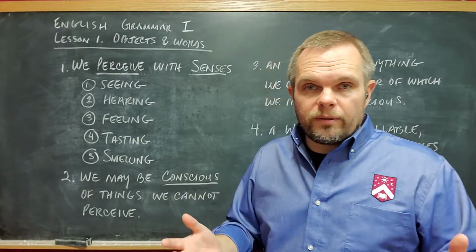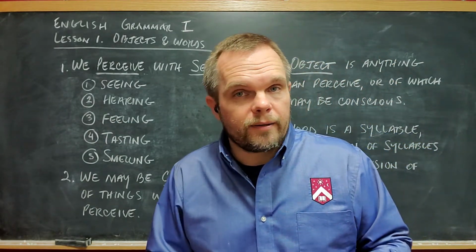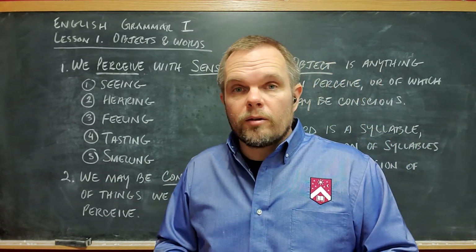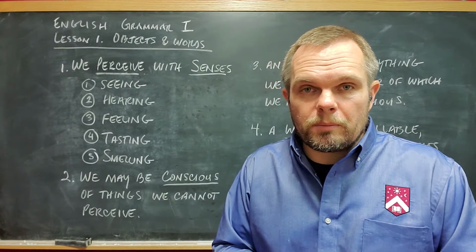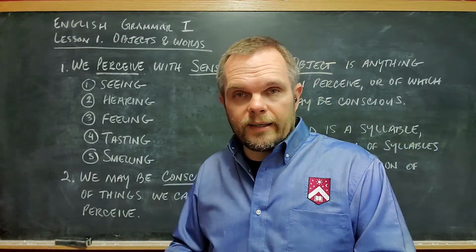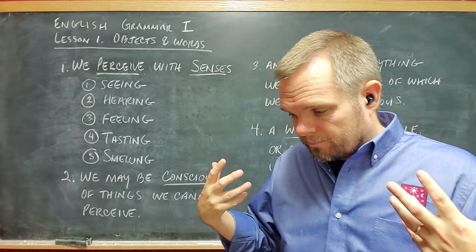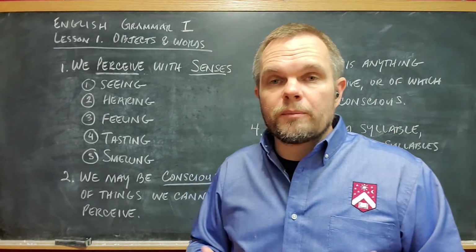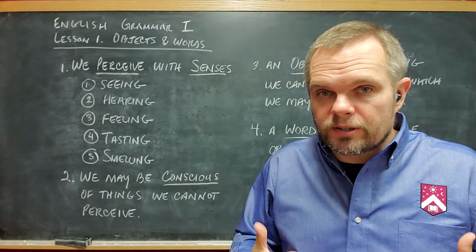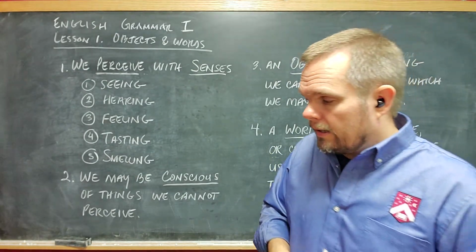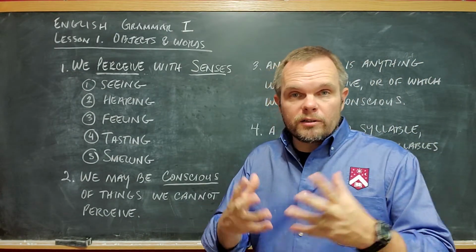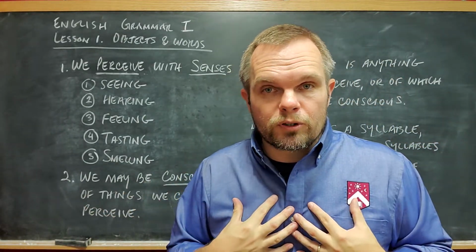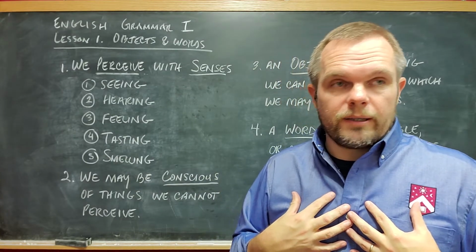So there are some things that God has created that we cannot perceive, like a spirit. There are other things like feelings I talked about before, like happiness, sadness, love, hatred, different feelings we can be conscious of, but we really don't perceive them. All right? And then lots of other things that we can be conscious of are ideas that people share with us. All right?